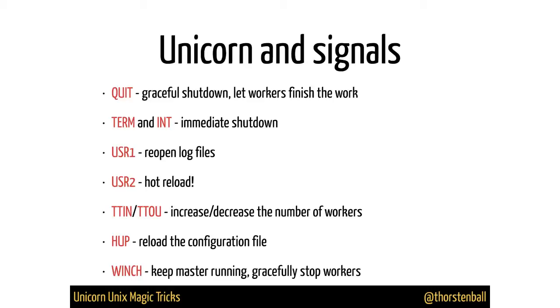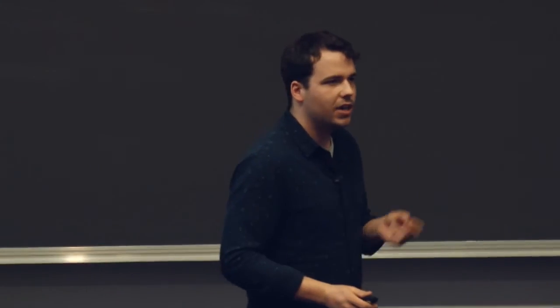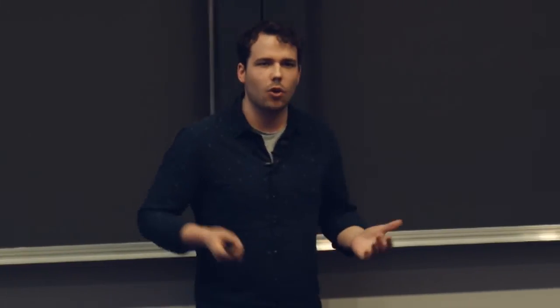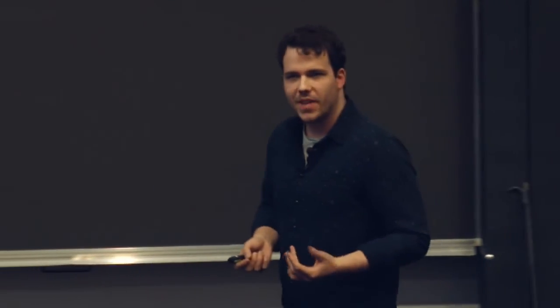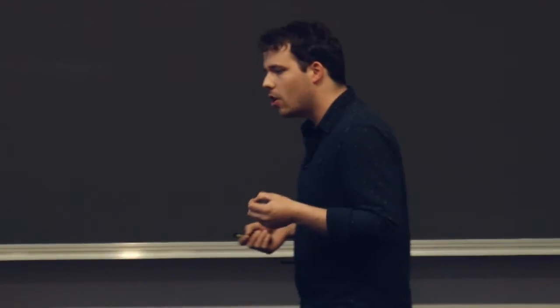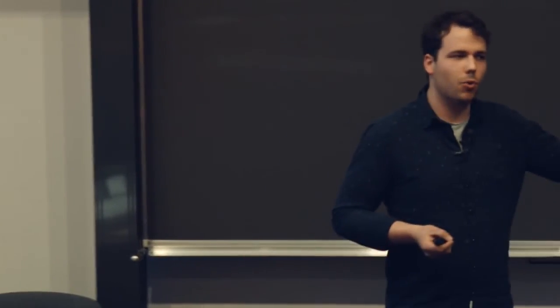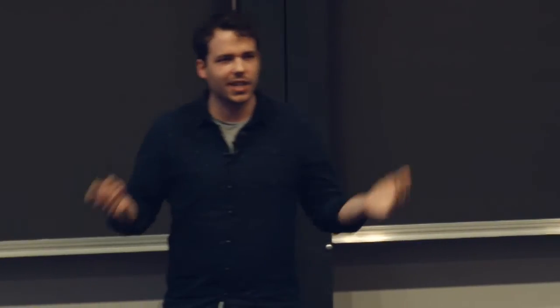Unicorn has a whole separate API just consisting of signals. But since signals are asynchronous events, they're software interrupts, you never know when they're going to happen, they're pretty tricky to deal with because let's say your signal action for the quit signal is deleting some files. And while you're deleting files, you receive the quit signal again. What is your signal action going to do?